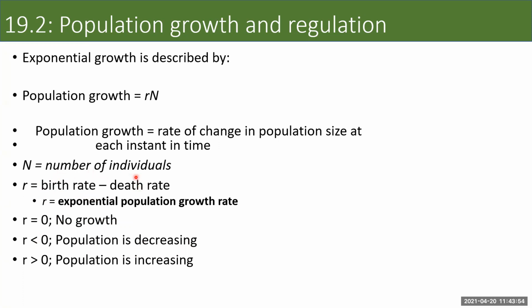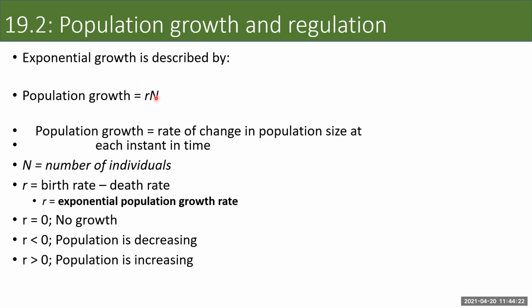So say you have 120 deaths and 100 births, you are now at negative 20, so your population's decreasing. Same thing with an increasing population, but instead you have more births than deaths. So 120 births, 100 deaths, you have 20 new individuals added every generation. And this is the formula for that exponential growth.